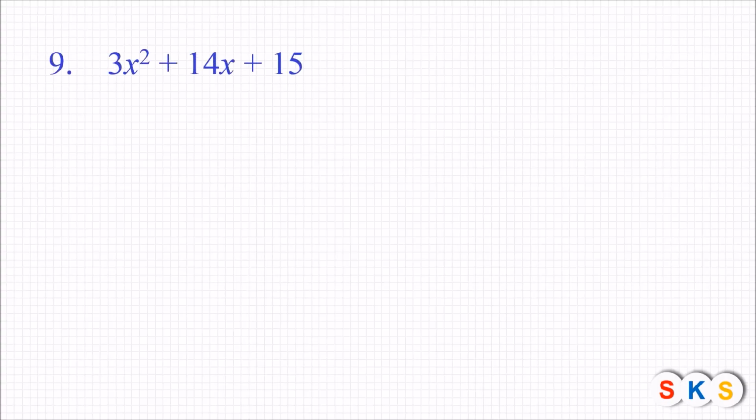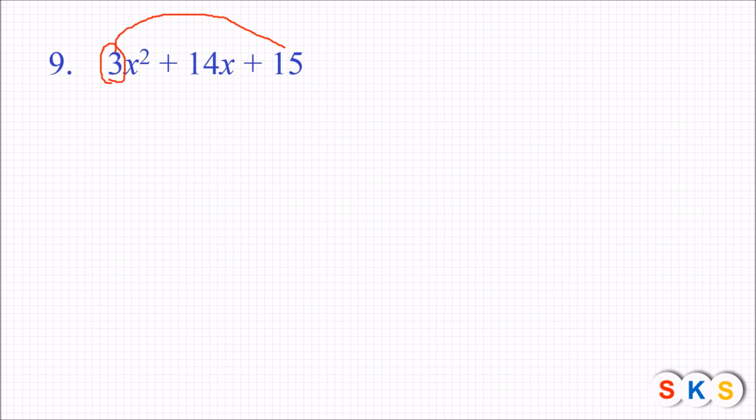Here we have the next question, 3x square plus 14x plus 15. Now here in this question you can see that the coefficient of the square term is 3. Whenever the coefficient of the square term is other than 1, in that case we will multiply the coefficient of x square, that is 3, with the last term. Okay, we will multiply here 3 by 15.